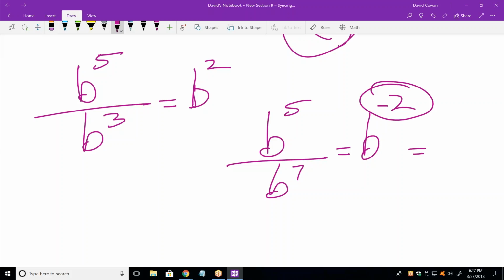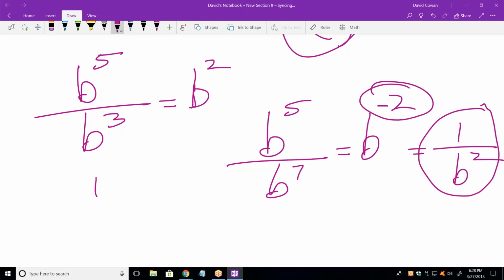It means reciprocal. So this is the answer you would want to give. That has nothing but positive exponents, and that's the same thing as b to the -2. Okay, I see. So whenever you see a negative exponent, let's say I had this.